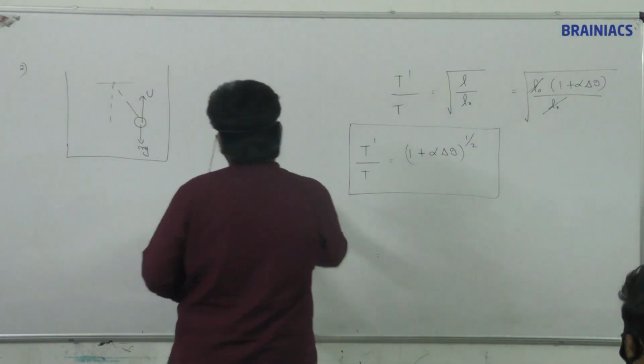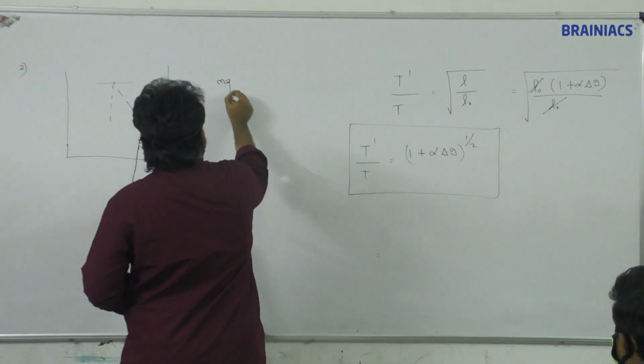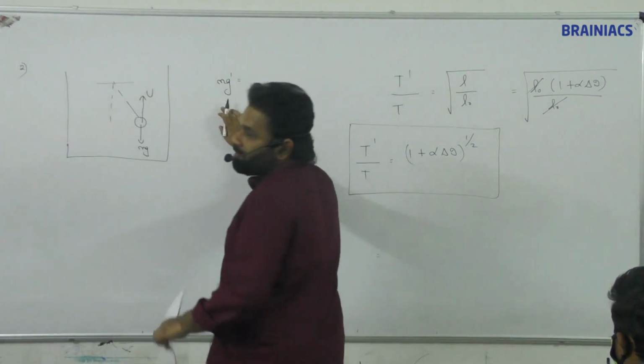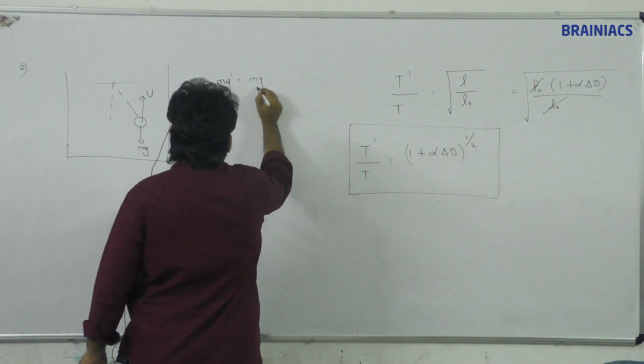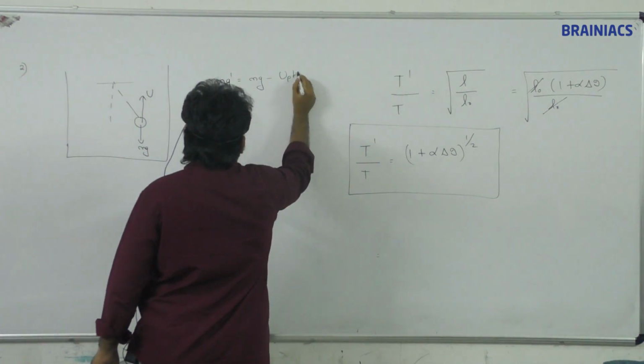So mg dash, this is the apparent weight. This is equal to mg minus upthrust.